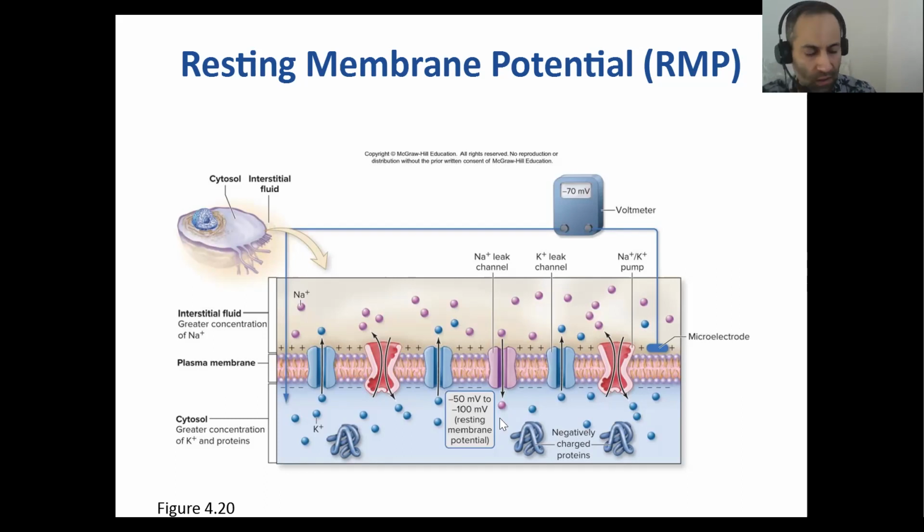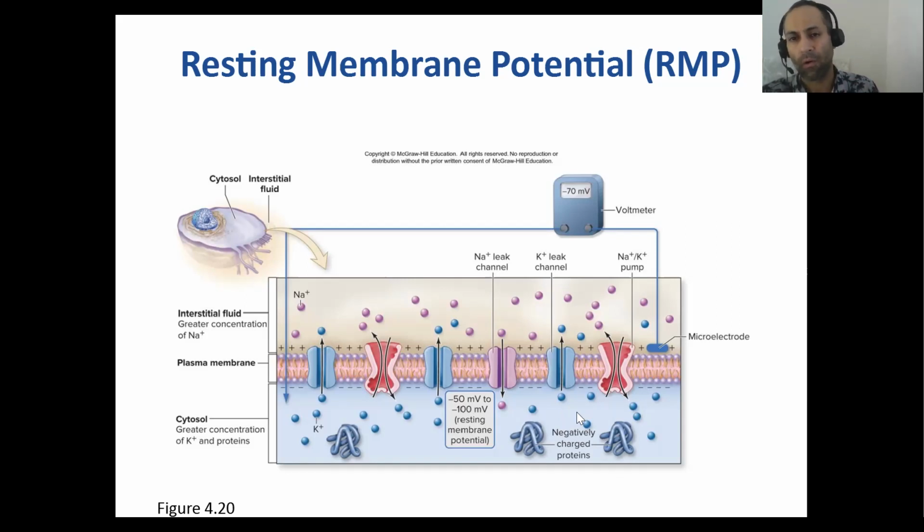Remember, when the inside of a cell becomes more positive, that is called depolarization. Depolarization happens by means of sodium ions moving in through these leak channels. But what happens when the sodium leak channels close and the potassium leak channels open up? Then the excess potassium ions, which were inside, start moving outside. When the positively charged potassiums move outside, the inside becomes more negative, and this is called repolarization.